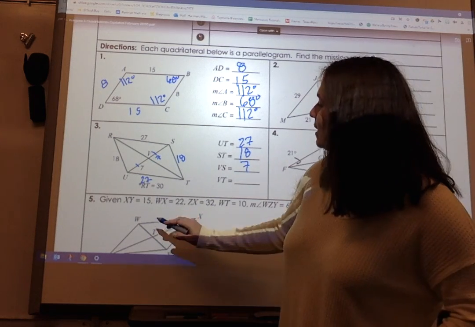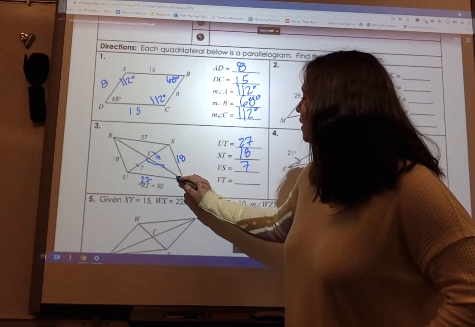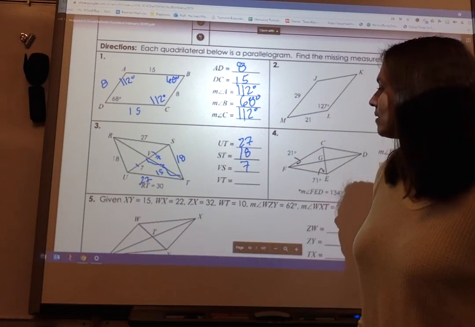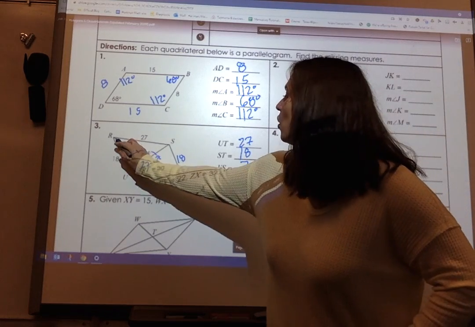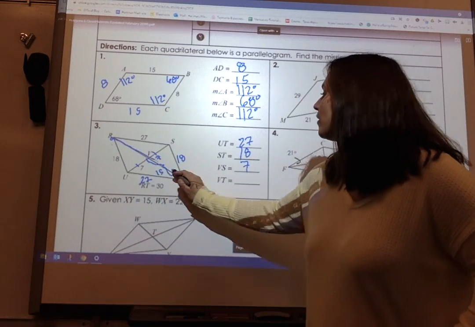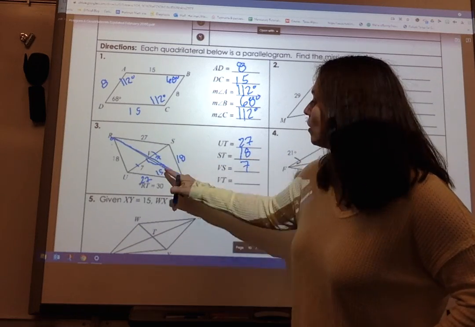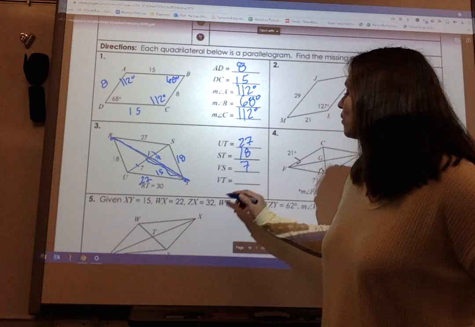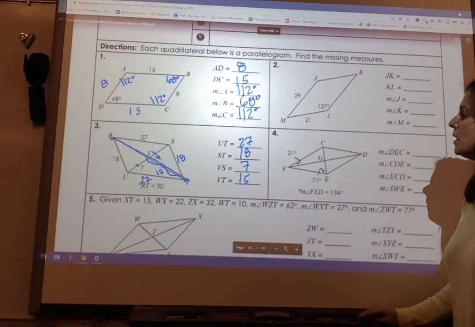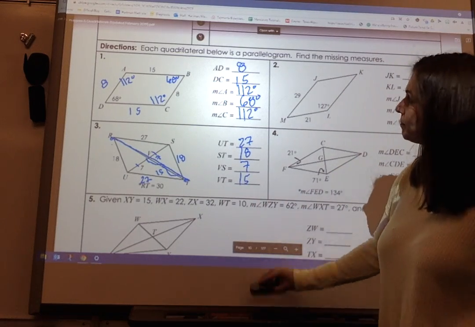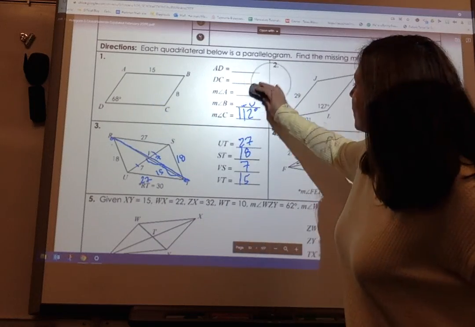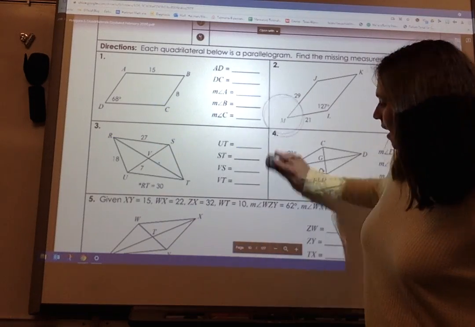And then VT is going to be 15 because RT here to here is 30. So if this one bisects it, it cuts 30 in half, making it 15. So that's what those properties allow you to say algebraically.